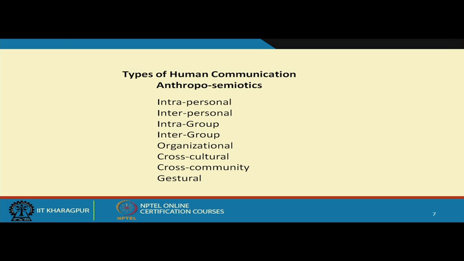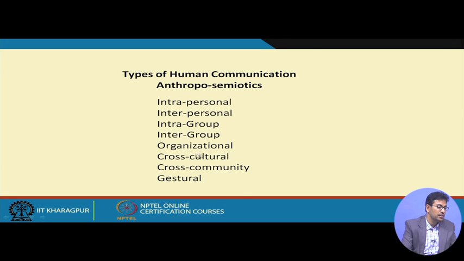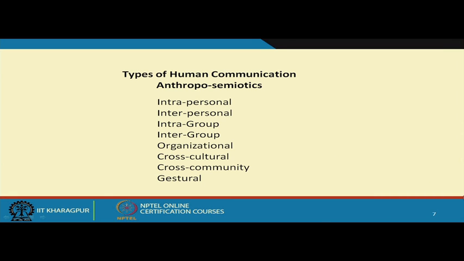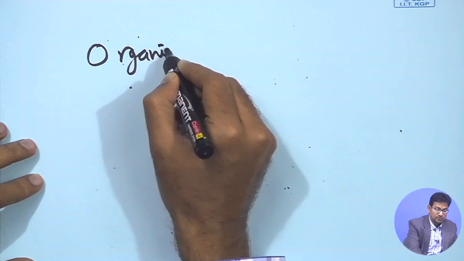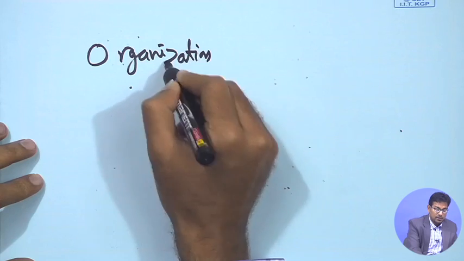Now, we move on to the other two aspects, where we are talking about the organizational communication or the cross-cultural communication. So, there could be communication which is happening within an organization, and there could be communication which is happening cross-culture. So, there are organizations being formed.